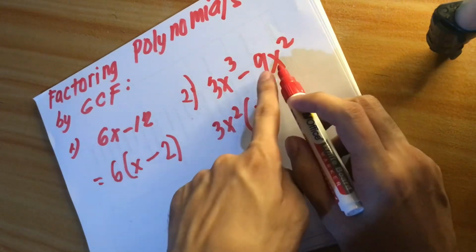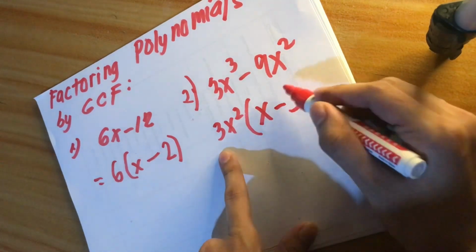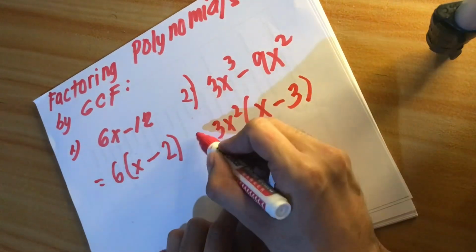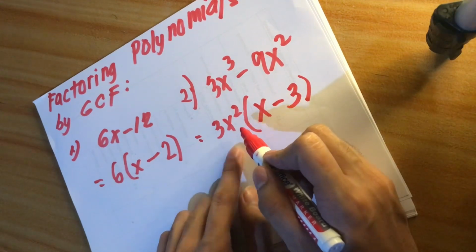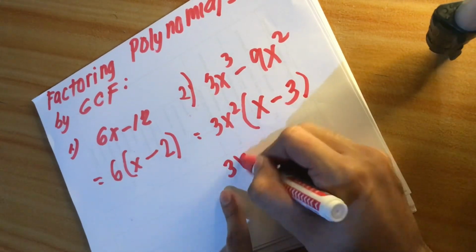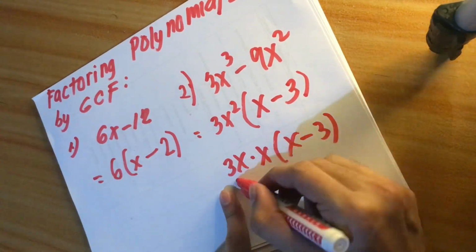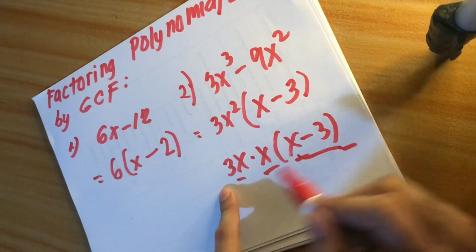Tama? And negative 9x squared divided by 3x squared, that is negative 3. So we have our factored form 3x squared times x minus 3. Or pwede natin itong i-expand pa na 3x times x minus 3. So meron na tayong tatlong factored form.